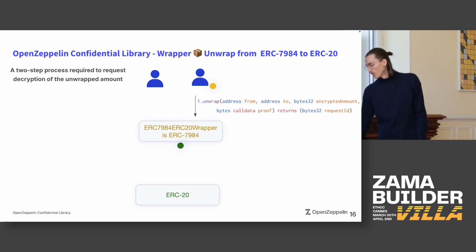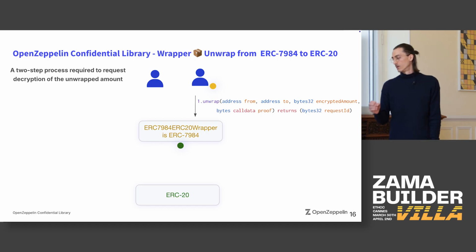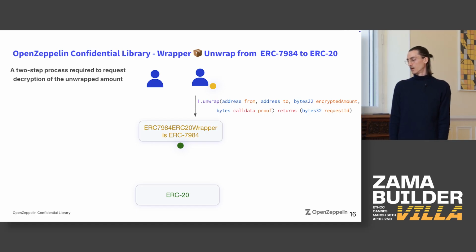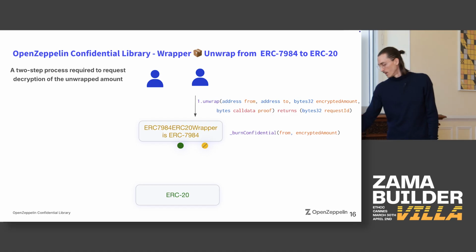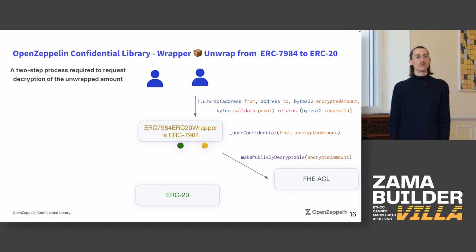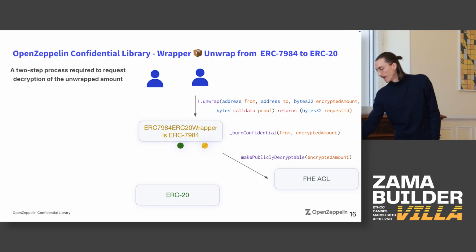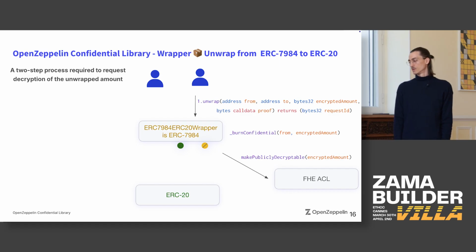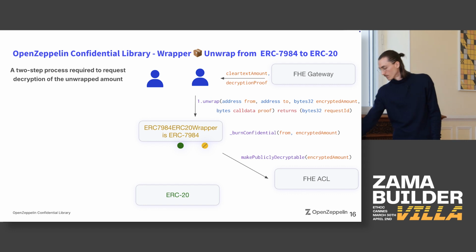So first, if you have your yellow confidential tokens, you could call the unwrap function with the encrypted amount you want to unwrap, and also with the proof of that encrypted amount. After that, the wrapper will burn some confidential tokens and will ask to decrypt publicly the encrypted amount.